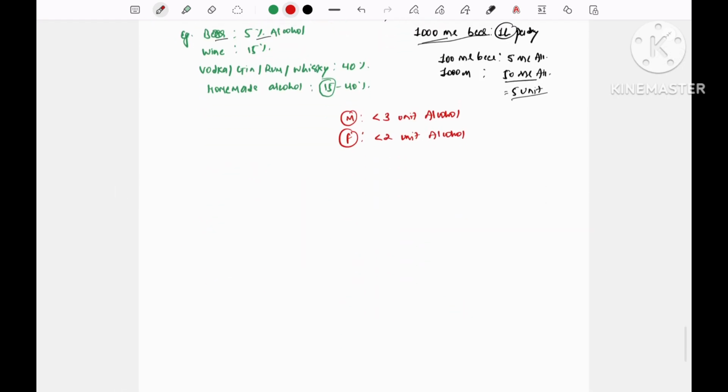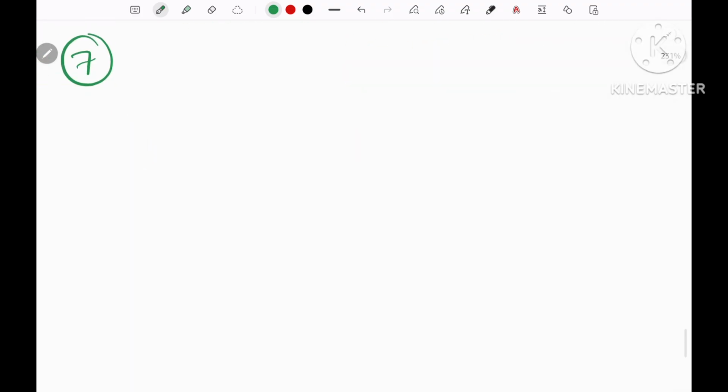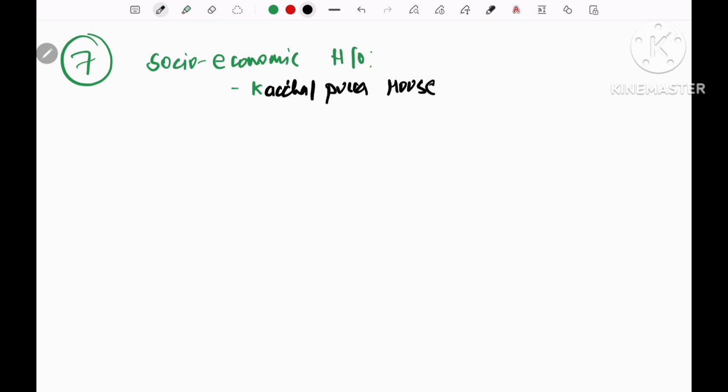Now in the seventh point, we have to mention the socioeconomic history, like whether the patient is living in a katcha or pakka house, and whether there is any overcrowding or not.